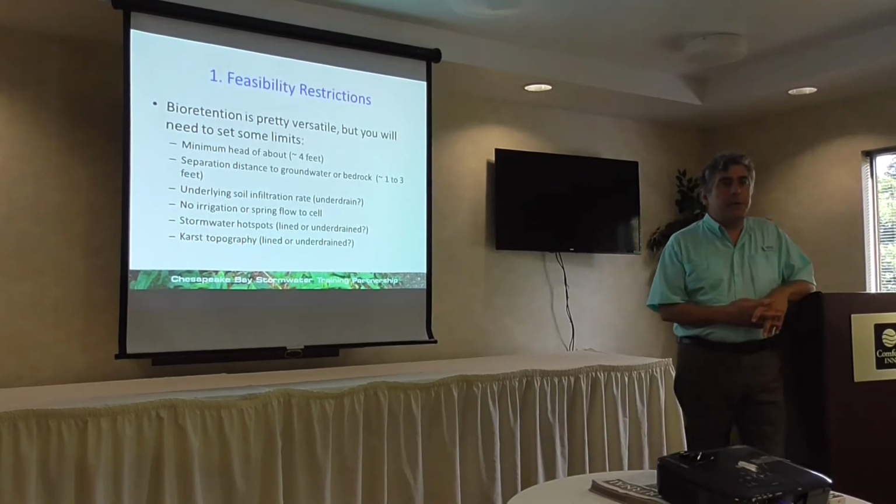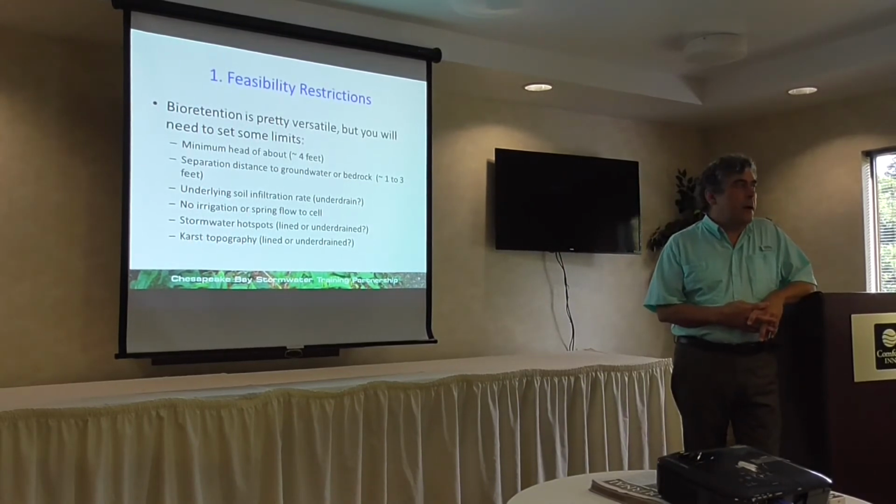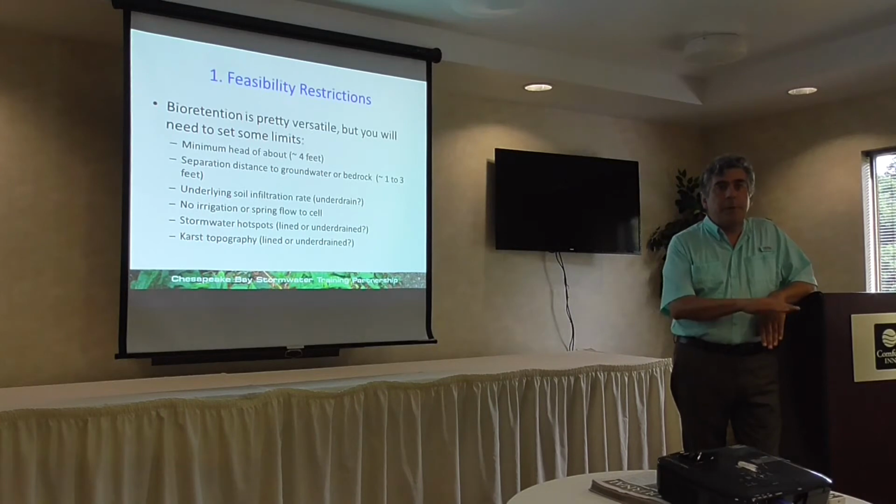And in both cases, there's a risk of groundwater contamination. So in both of those settings, we recommend that they be underdrained, and in some cases have a lining on the bottom of the invert of the bioretention area.